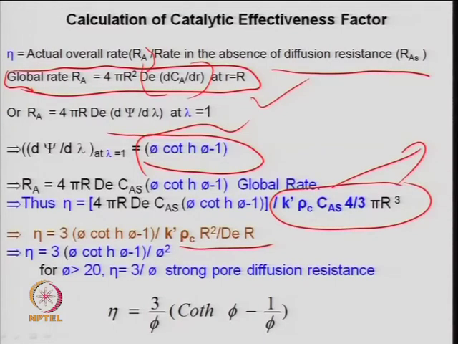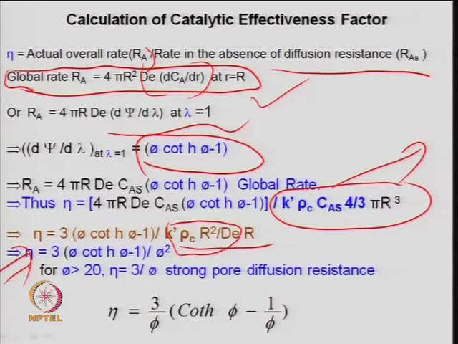So, this expression is your φ² for the mass rate constant basis. So, k' times ρ_c is your volumetric rate constant, right. If you simplify this, your η comes out to be 3 upon φ² times (φ coth φ minus 1), right.